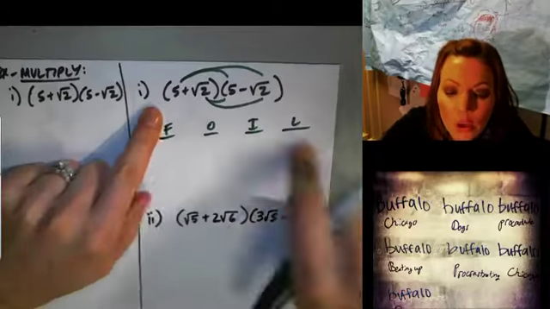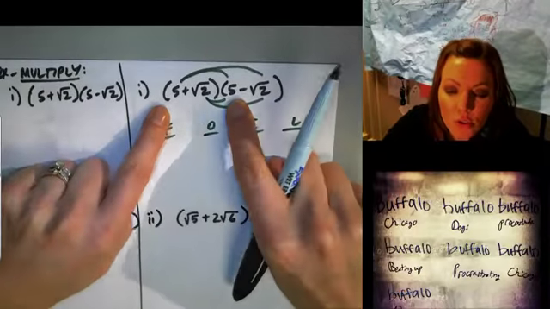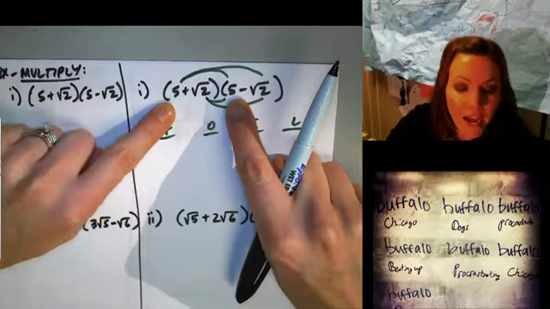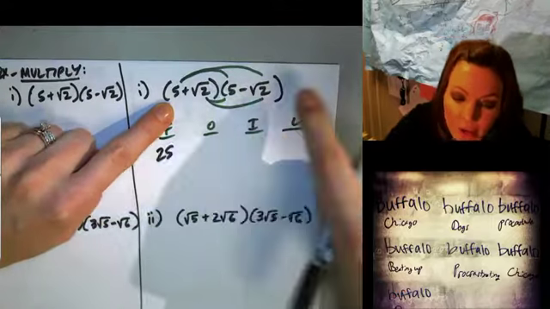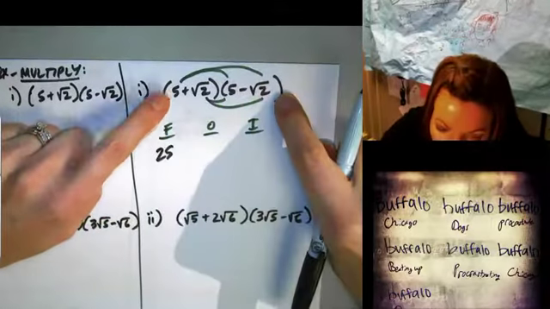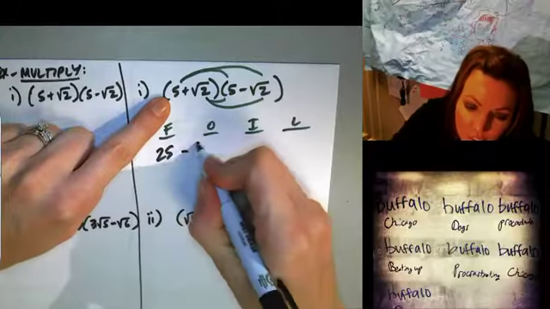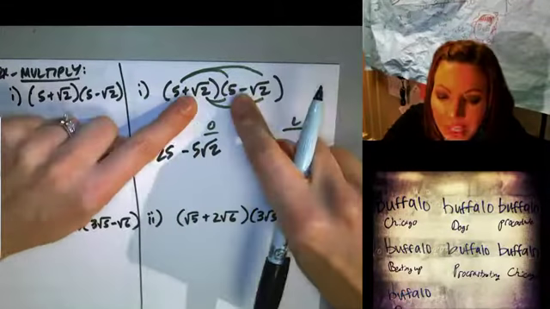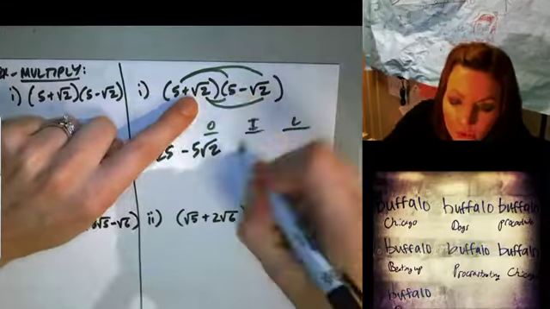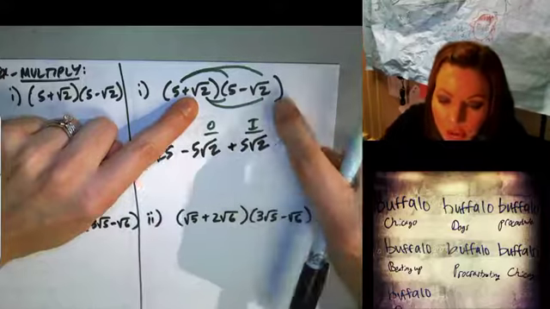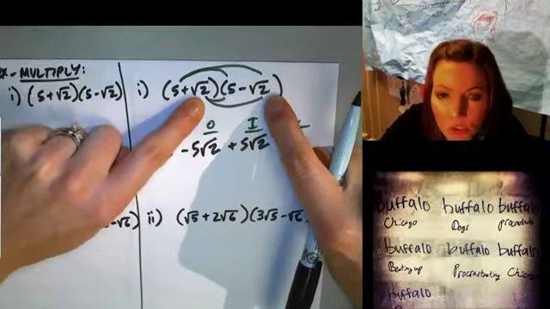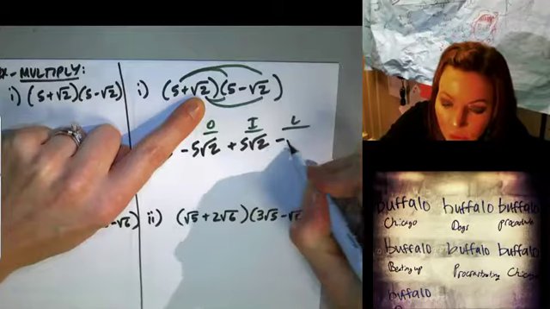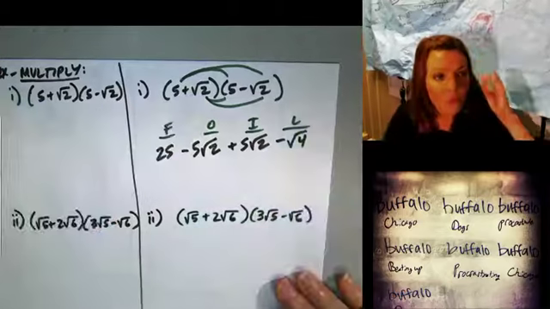So, here we go. 5 plus root 2 times 5 minus root 2. The first ones, 5 times 5 is 25. Then the outer, 5 times negative root 2 is negative 5 root 2. Then the inner, 5 times positive root 2 is 5 root 2. The last, positive root 2 times negative root 2 is negative root 4. What is the square root of 4 again? 2.